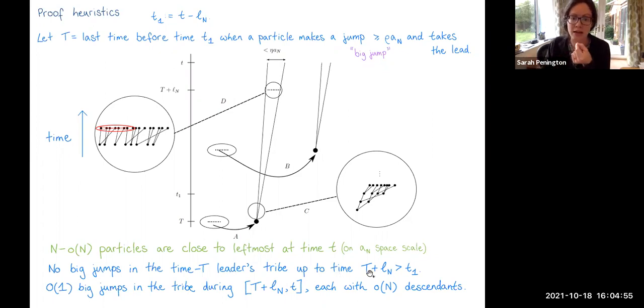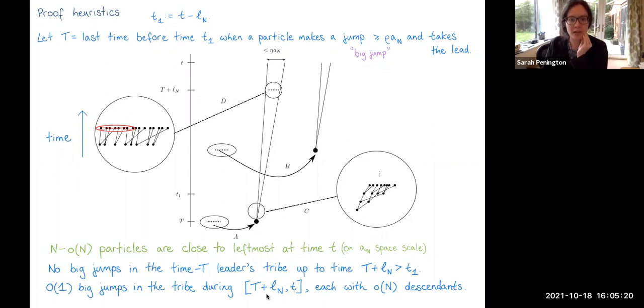But this tribe will be much smaller than size n up to this time, and so big jumps will happen much more slowly. So you actually won't see any big jumps with high probability. And because of what we showed, that t must be more than t1 minus ln, this time ends up being more than t1. So there are no big jumps made until this time.